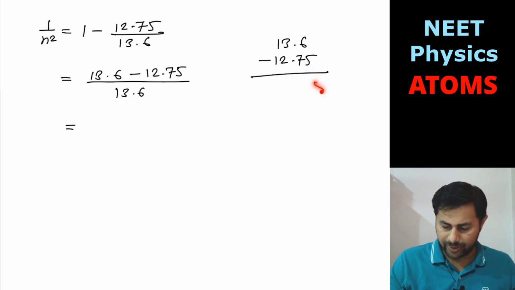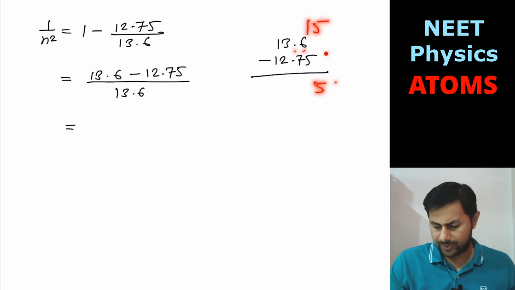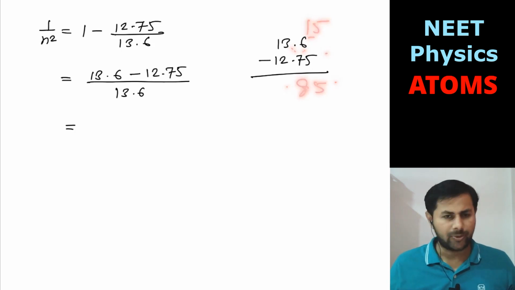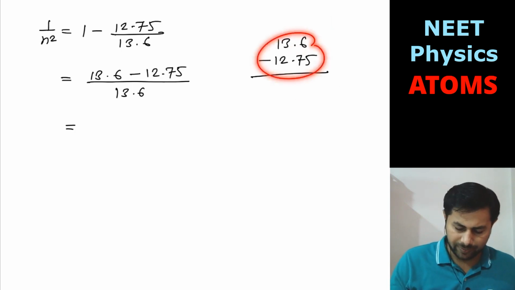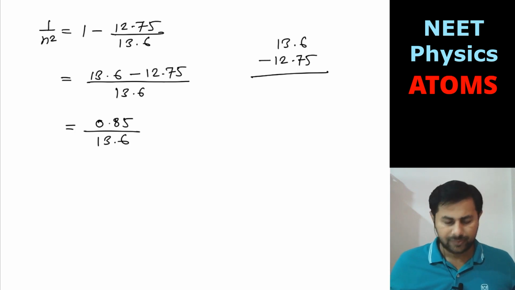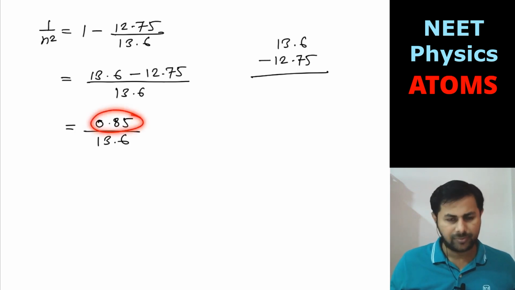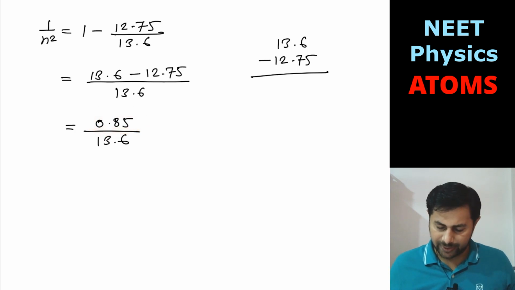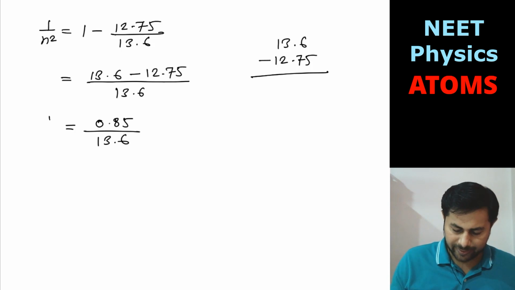13.6 minus 12.75: 15 minus 7 is 8, and so it is 0.85. So it's 0.85 divided by 13.6, and this is 1 by n square.